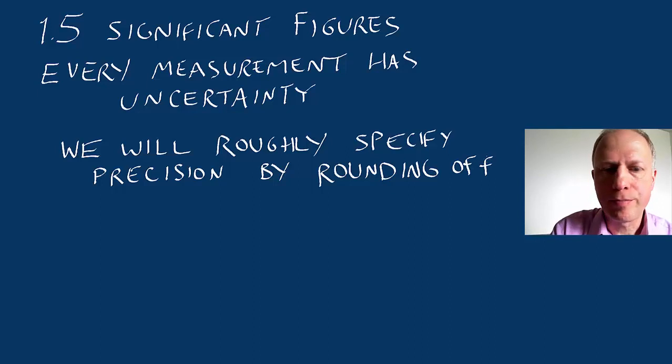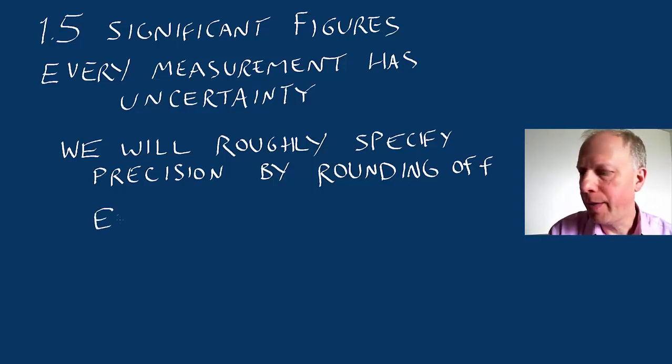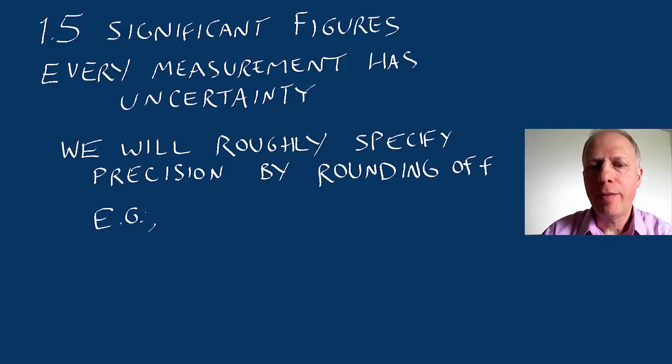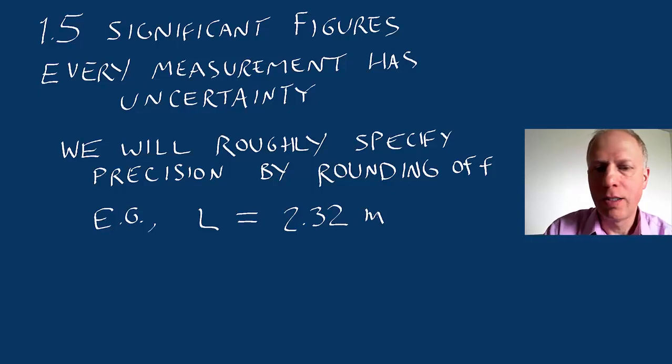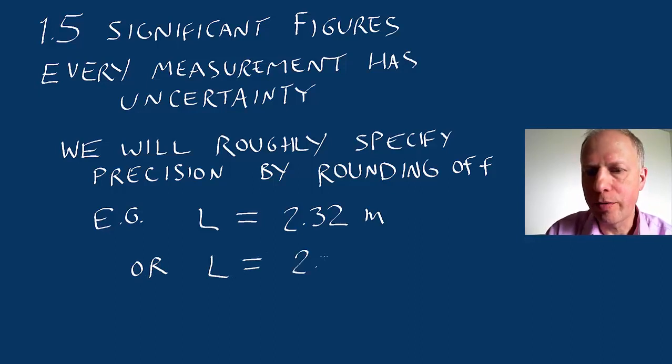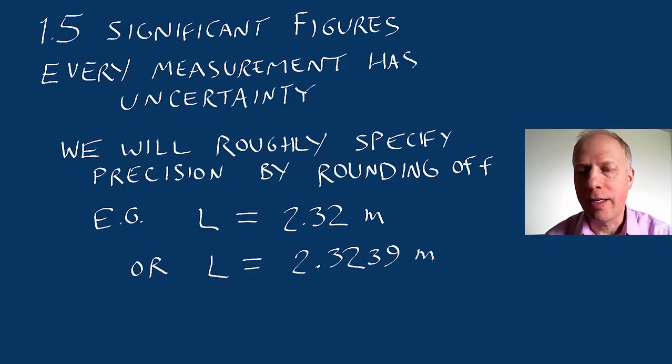For example, if I made a measurement of the length of the desk using an ordinary ruler, I might record the answer as something like 2.32 meters. But if I used a fancy measuring device, I might report the result as 2.3239 meters, suggesting that I have made a more precise measurement.